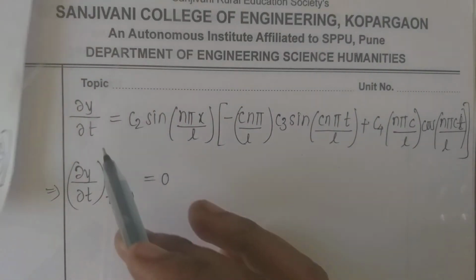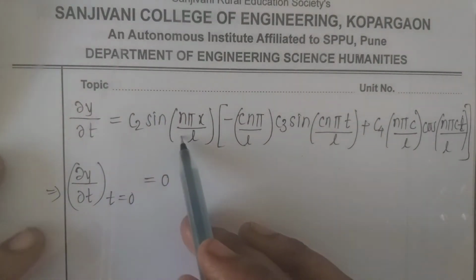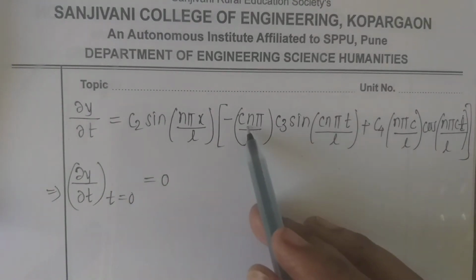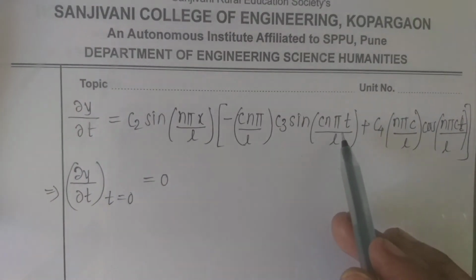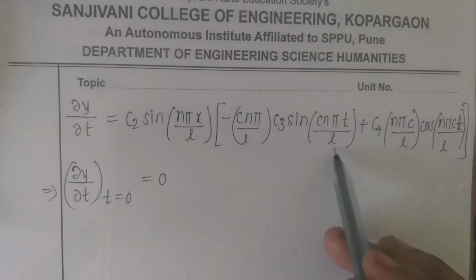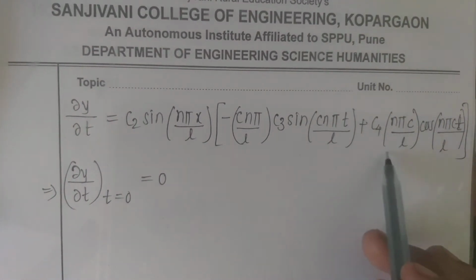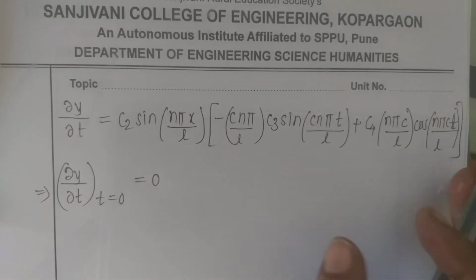So we get del y by del t is equal to c2 into sin n pi x by L, times (minus c n pi by L into c3 sin of n pi ct by L, plus c4 into n pi c by L into cos of n pi ct upon L).